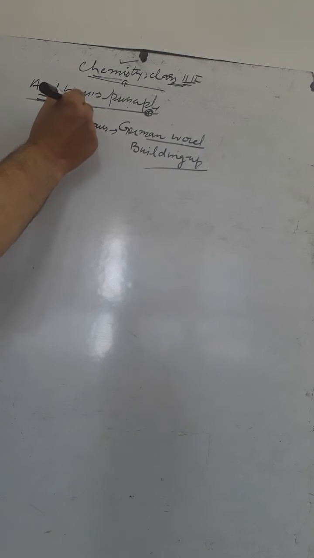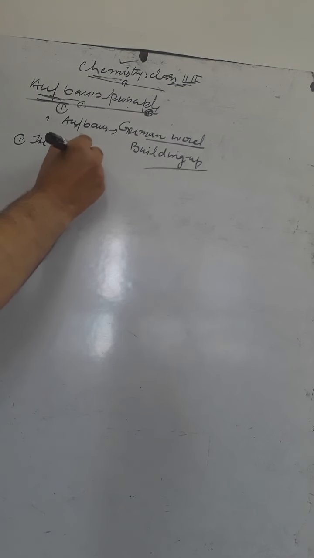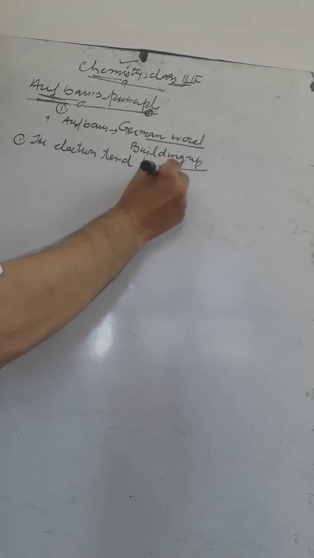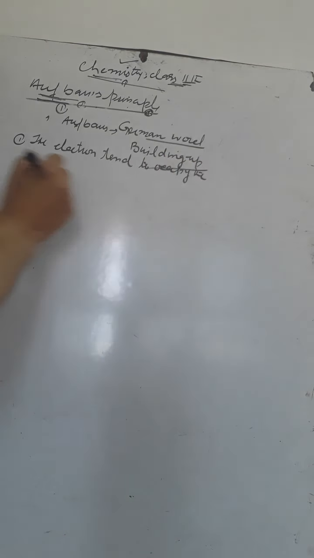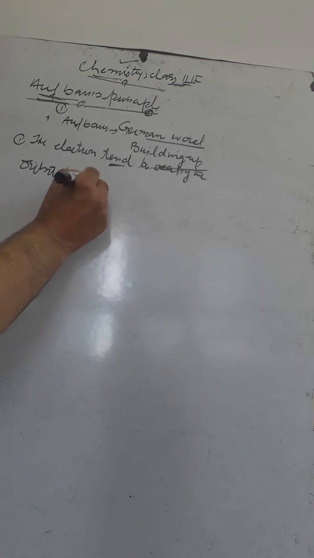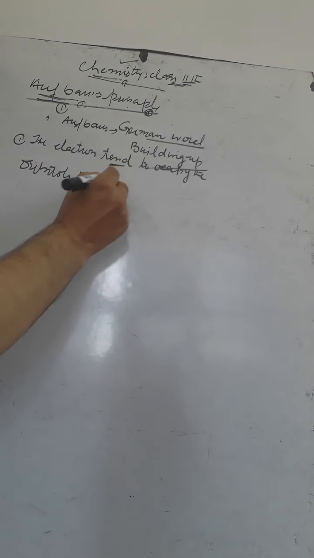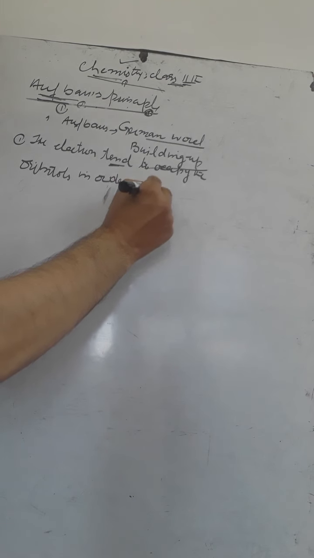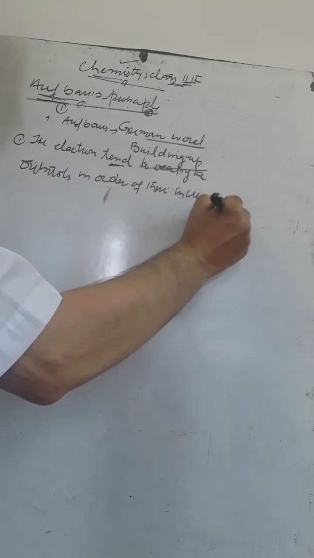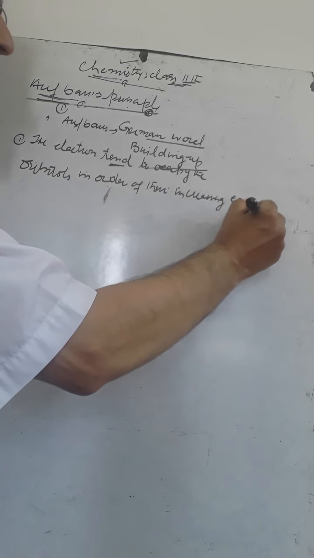Now, so far as this principle is concerned, it states that electrons tend to occupy orbitals in order of their increasing energies.